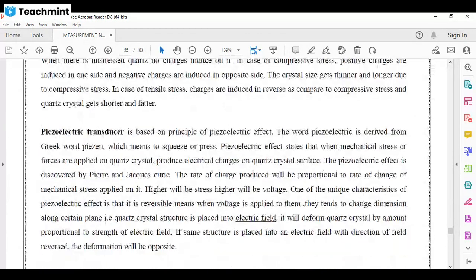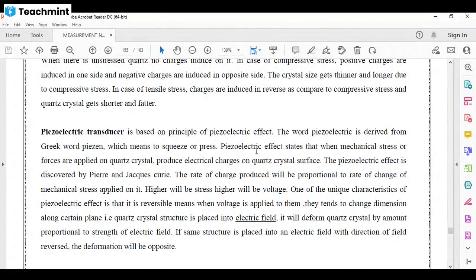And the piezoelectric transducer is based on the principle of piezoelectric effect. The word piezoelectric is derived from the Greek word piezein, which means to squeeze or to press.